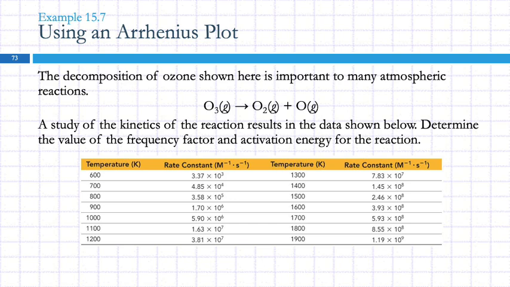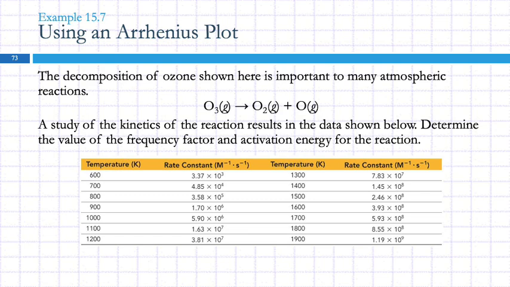So we're going to have data like this, where at different temperatures, we measure the rate constant for the reaction. So here is our kinetics study, and we're supposed to find the frequency factor and the activation energy. So what do we do? Well, we have to do a little calculating, right?